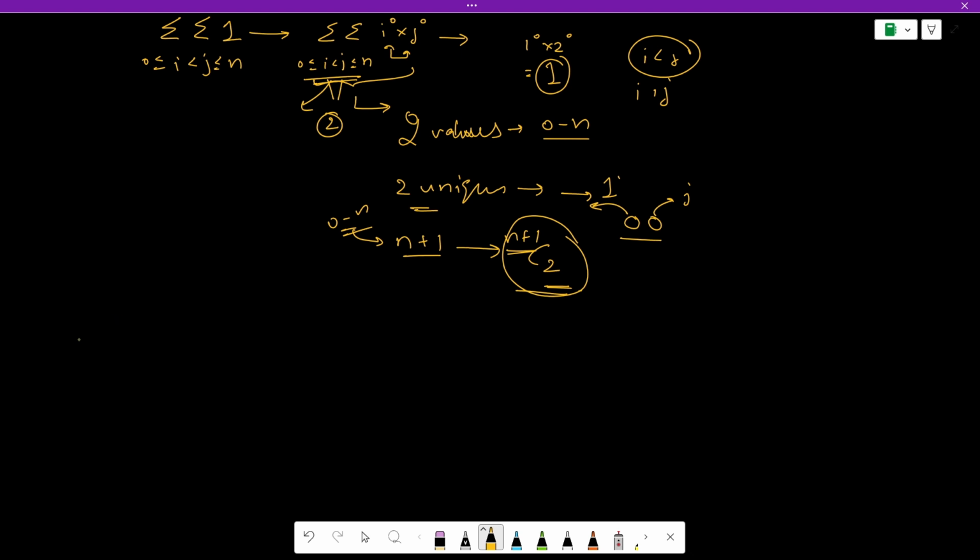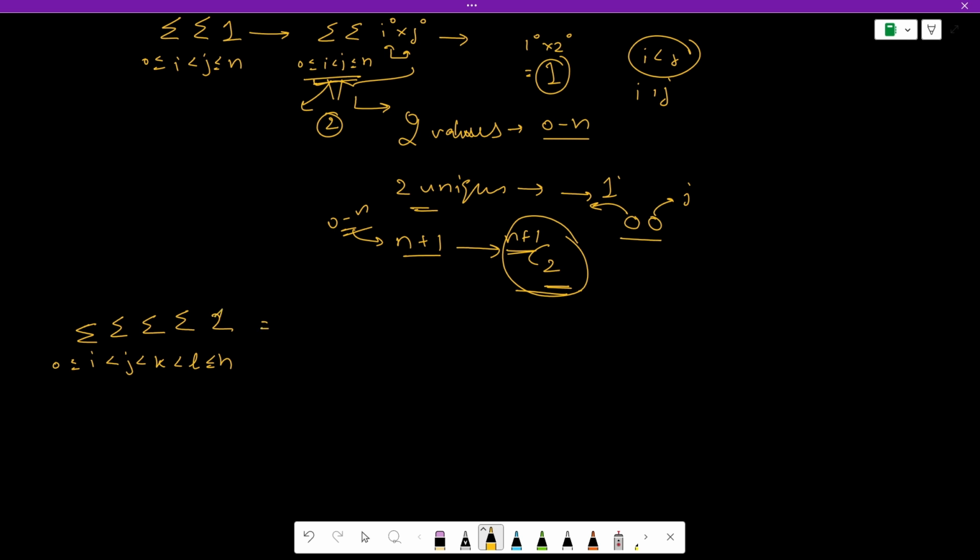So let's see another example. If we have the summation of 2, where 0 ≤ i, j, k, l ≤ n. This is a constant 2, so we can take it out of the summation.